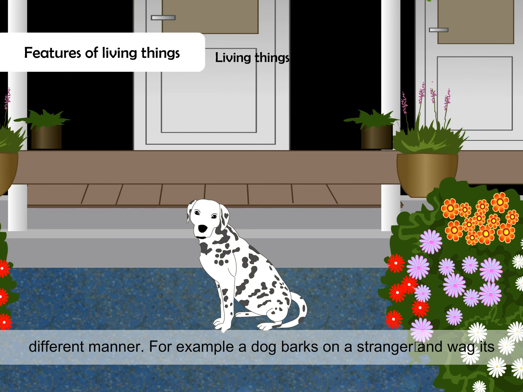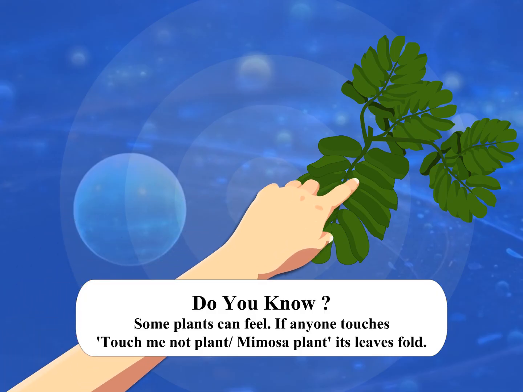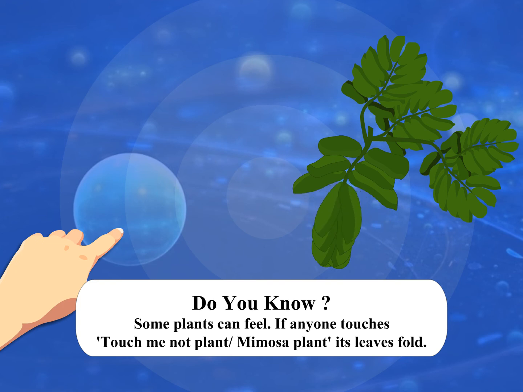For example, a dog barks at a stranger and wags its tail to show affection. A cat purrs when anyone hits. Do you know? Some plants can feel. If anyone touches the touch-me-not plant, or mimosa plant, its leaves fold.